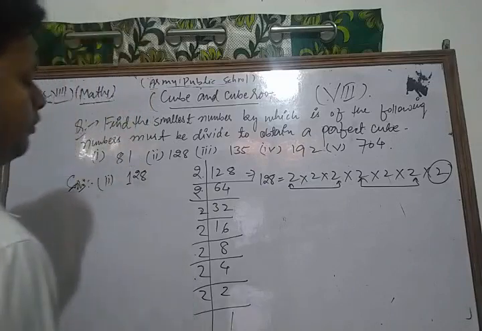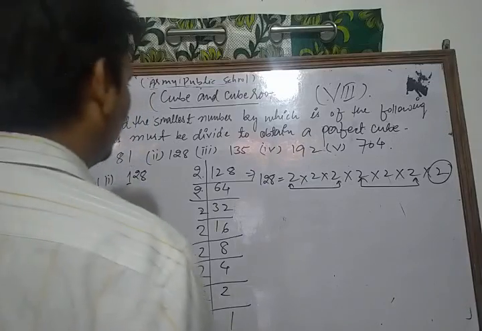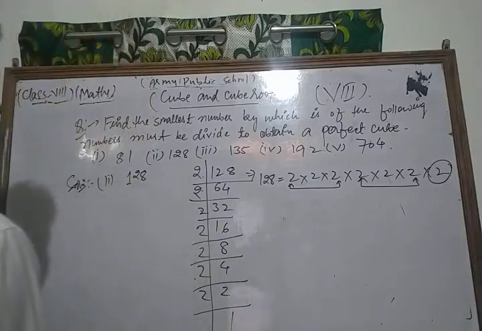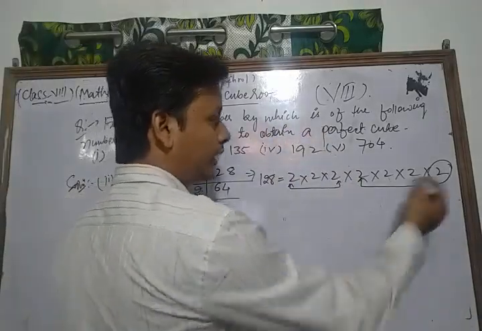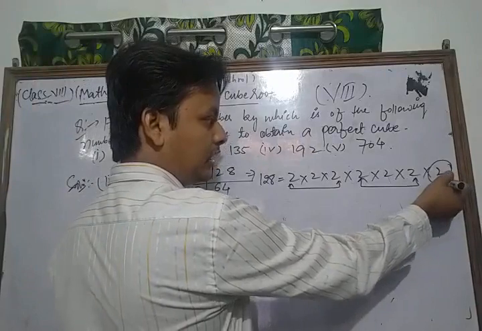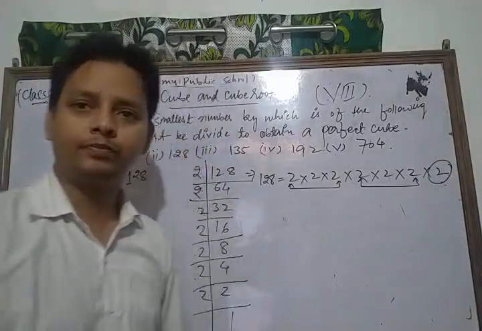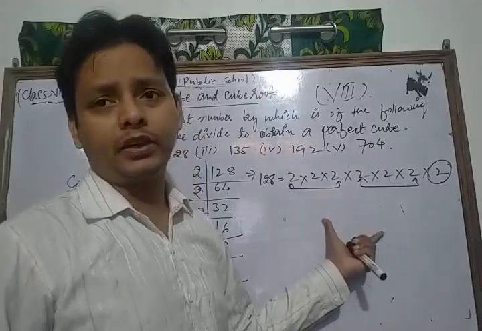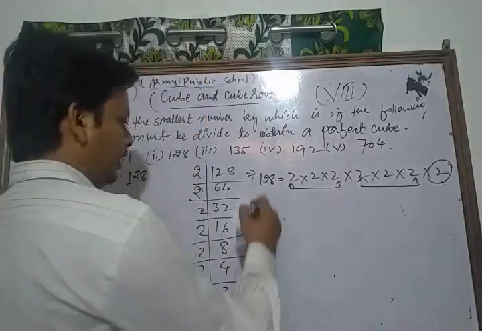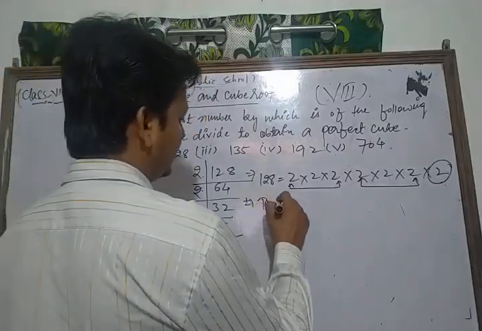So what I do: by what number must we multiply or divide so that the given number becomes a perfect cube? Here 2 is left, so 2 is left. So after dividing by 2, the required number is a perfect cube. Thus it is clear that on dividing by 2, the required number is a perfect cube.